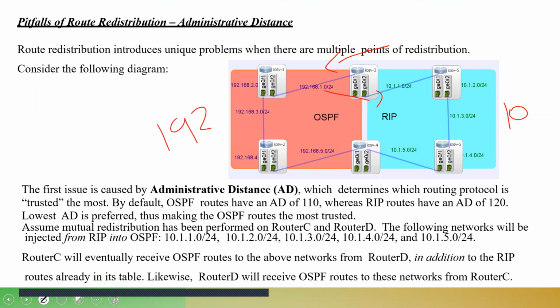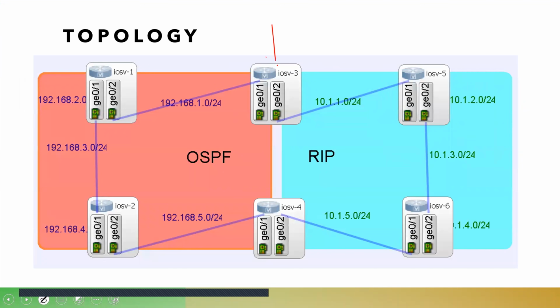When we do the two-way redistribution, the RIP network will come inside OSPF. Since we have done the redistribution, obviously we want to send OSPF to RIP as well, but that's the thing. Now if you focus on this particular router, what will happen is that any of the routes, for example 10.13.0, is coming here.